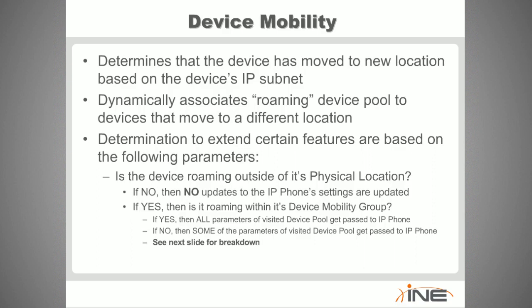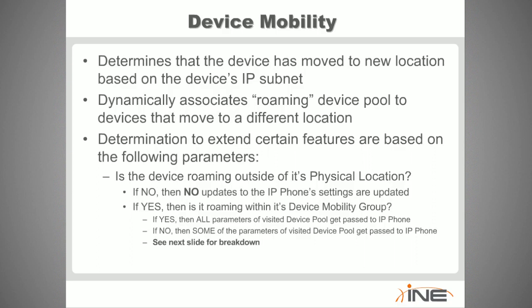And because of this, I essentially see that my physical location has not changed, and the reason I set it up that way is I had tons of bandwidth between buildings, and maybe all my TDM gateways are in one building anyhow, and so no new parameters from the visiting device pool get passed.